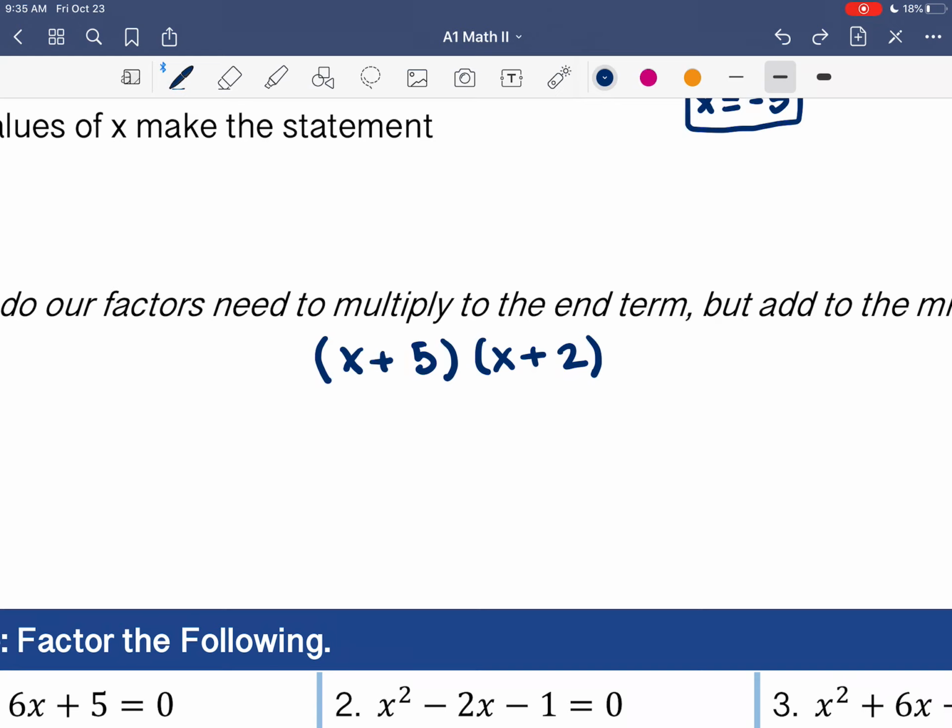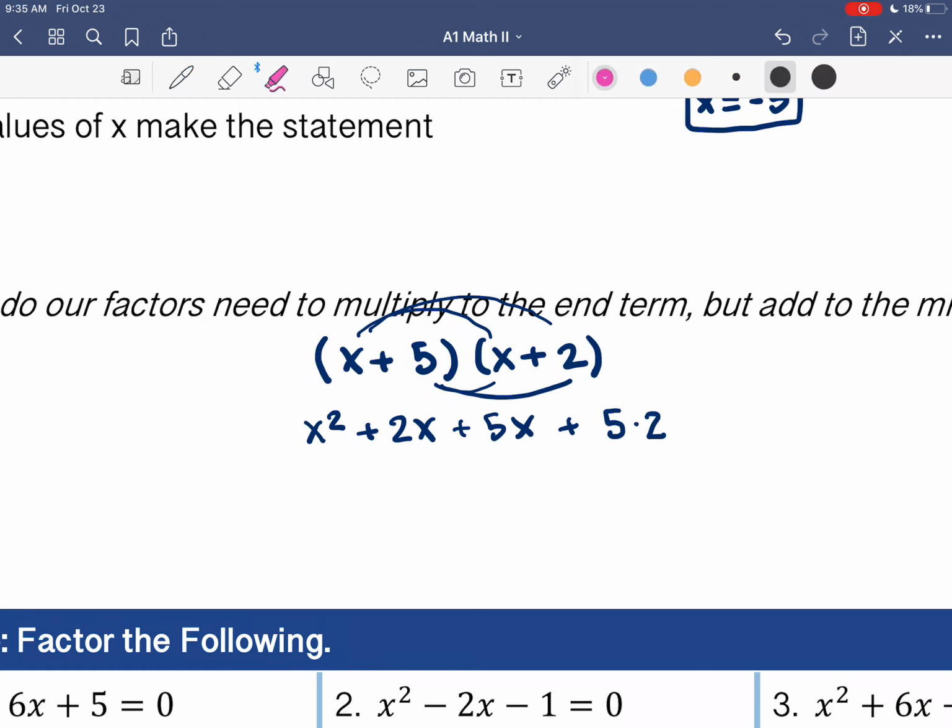So I'm going to distribute, yikes, I totally missed. Distribute, that gives us x squared plus 2x, and then plus 5x, and then plus 10, or 5 times 2. I'm just going to write it like that because I need you to be able to see this. All right, so we have this number 5 and this number 2.